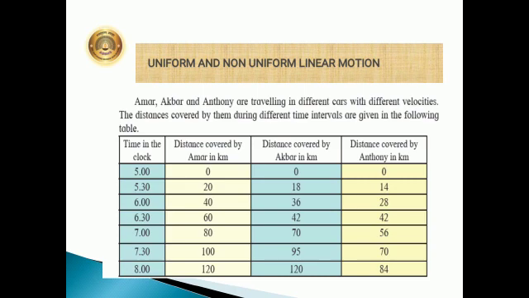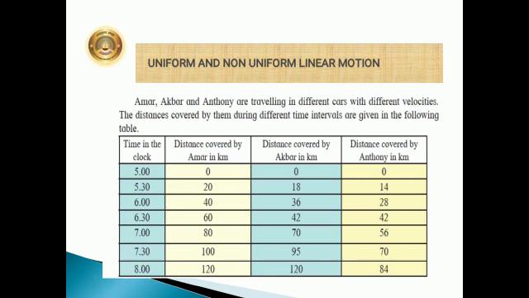Now can you tell me what the time difference is? Yes, 30 minutes. For the distance covered by Amar, the difference is 20 kilometers between the first and the second, and again 20 kilometers continues. For Akbar, first the difference is 18, then 18, then it becomes 14, then it becomes different.